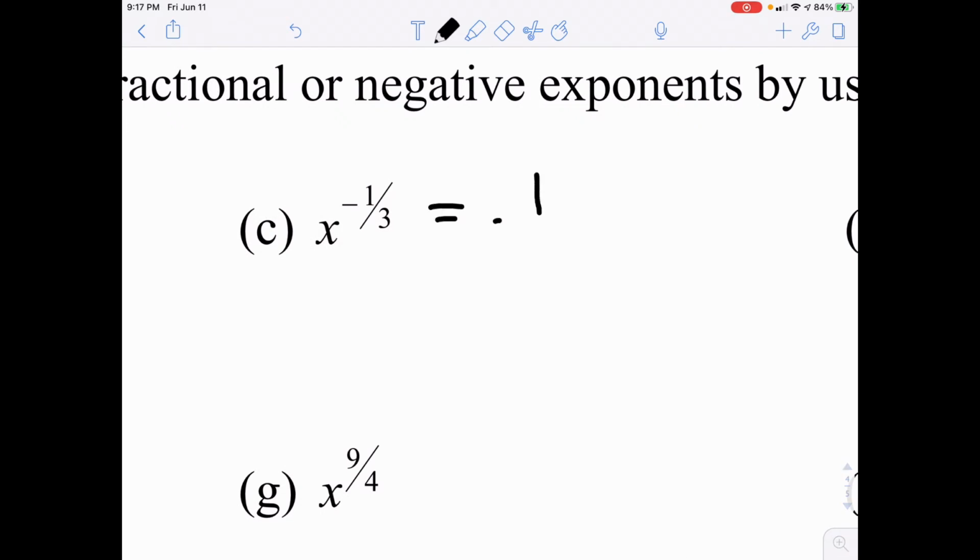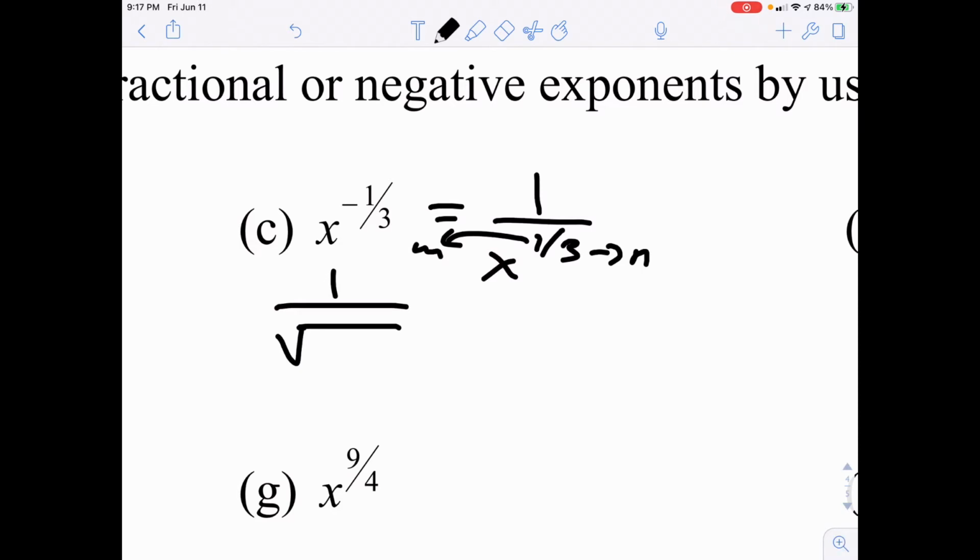This needs to be rewritten as 1 over x to the positive 1/3 power, but this is the root, this is the power, and this is 1 over the cube root of x to the first power, or 1 over the cube root of x.